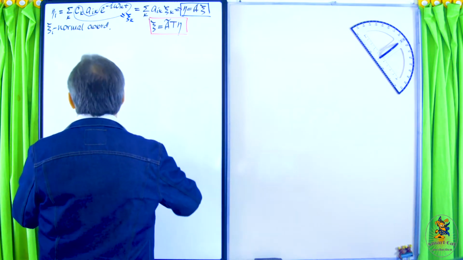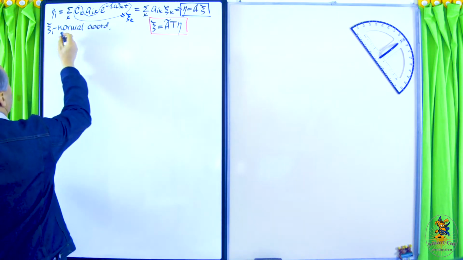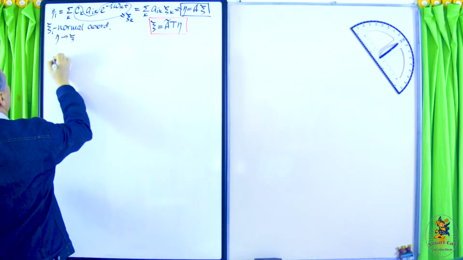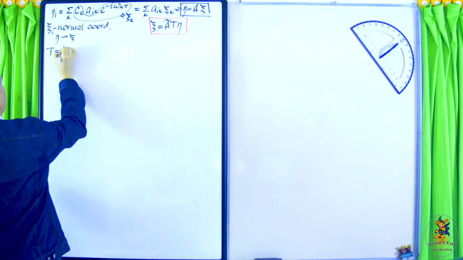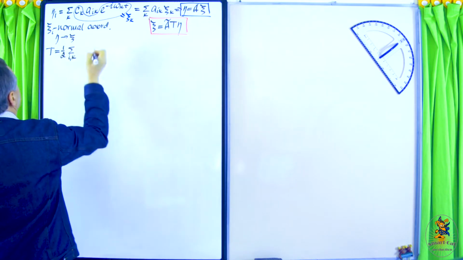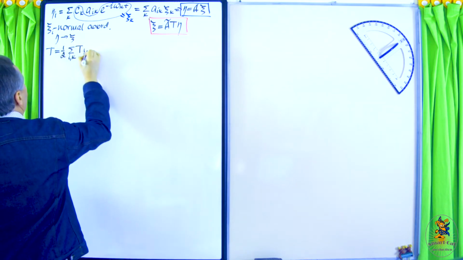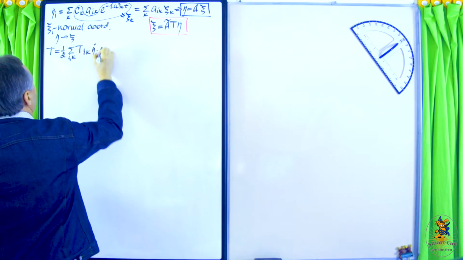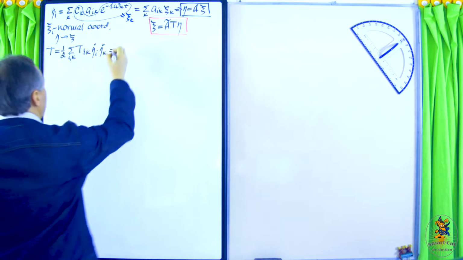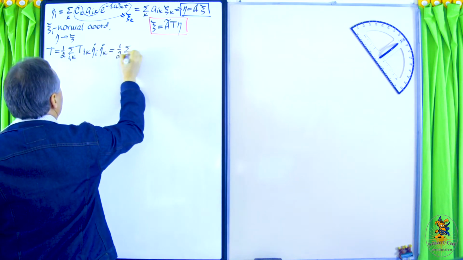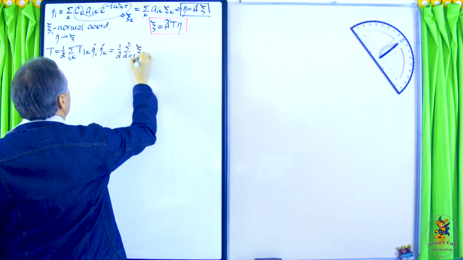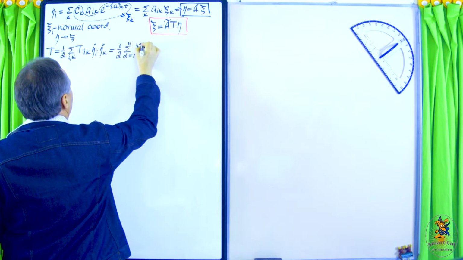So now we're basically moving from etas to xis, right? And the kinetic energy we showed was 1/2 summation over ik of T_ik eta_i dot eta_k dot, and we showed that it is equal to 1/2 summation over alpha from 1 to n, and we ended up with xi_alpha dot squared.